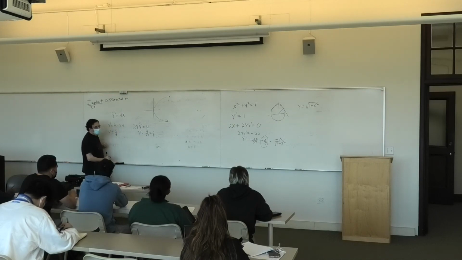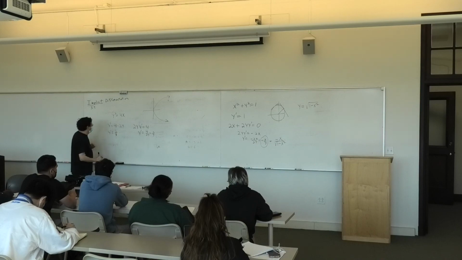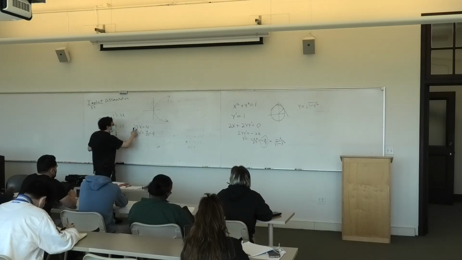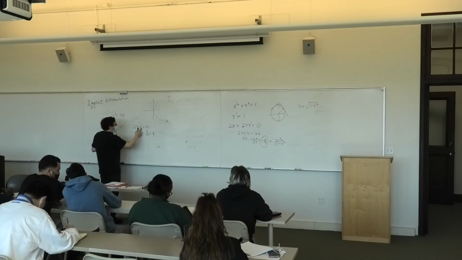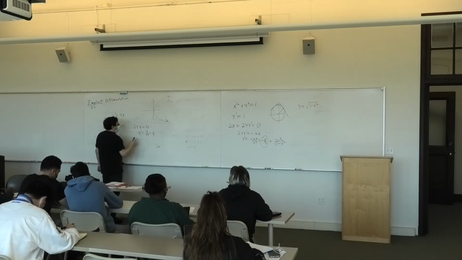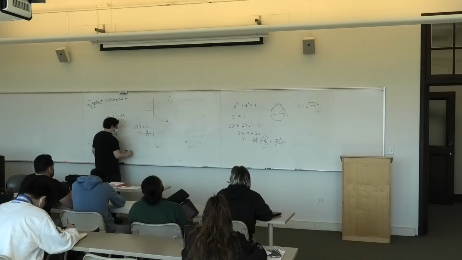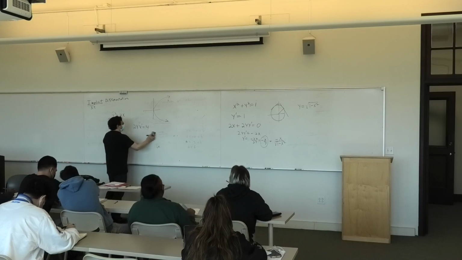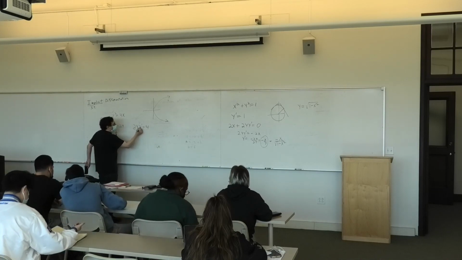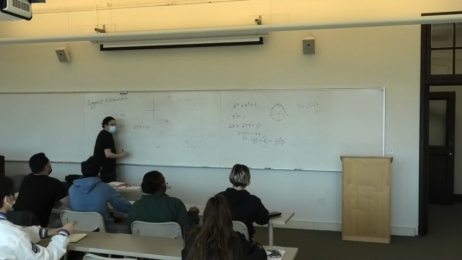Instead of dividing, because 2y times y prime is multiplication, when you move 2y over, it needs to be division. Instead of subtraction. Yeah, that's right. When we want to separate y prime, we just divide.